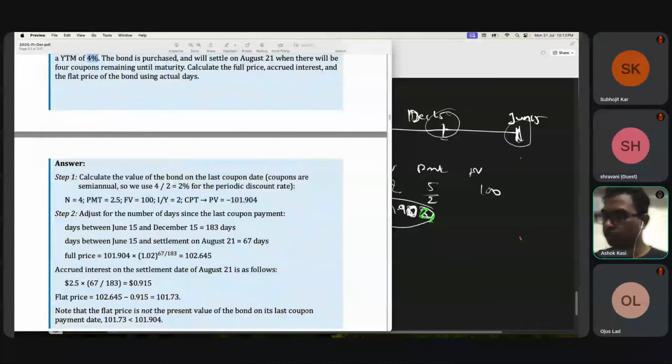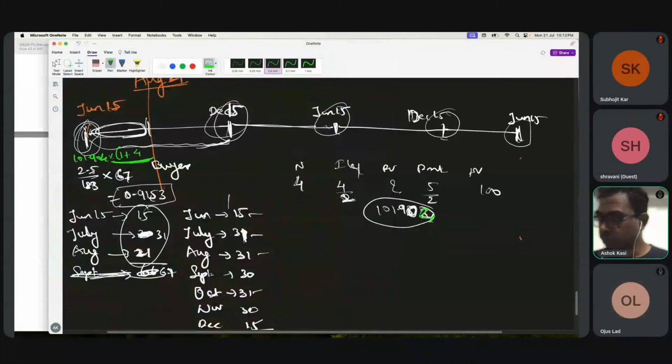YTM is 4%. But it is semi. So YTM is 4% divided by 2. And that is for how many days? 67 out of 183 days.